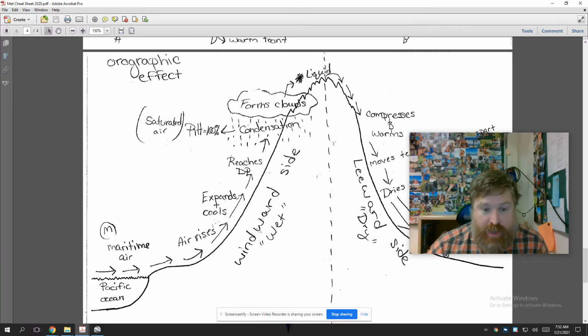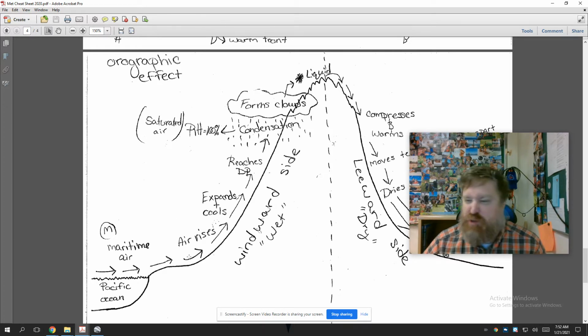With the idea that when air rises, it expands and cools. Remember, if you watch this video, your job was to go ask somebody who took our science already, what happens when air rises? And if they don't tell you expands and cools, I want to know their name, because usually in class we say this like 1,000 times. Now this hasn't been the case this year because of COVID and videos and everything else we're doing.